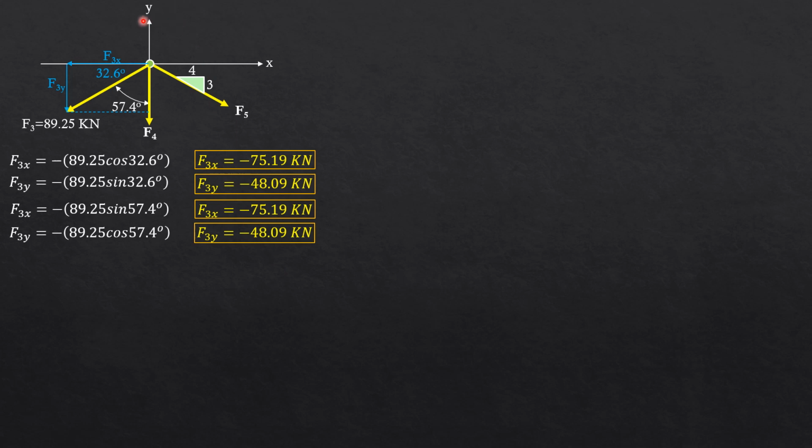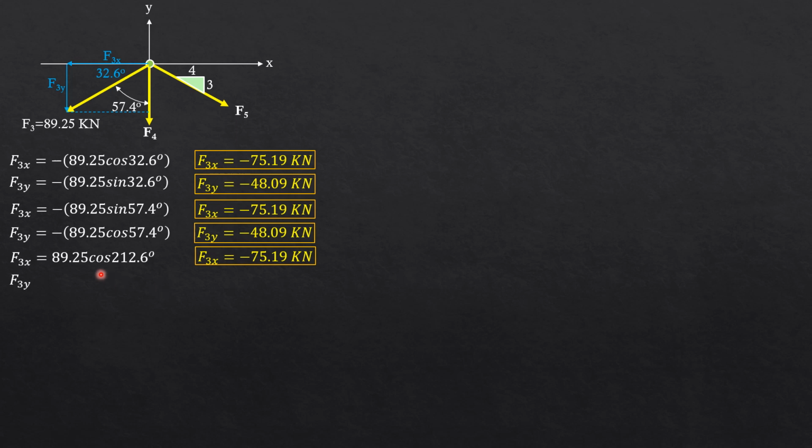Now, in terms of the positive angle, which is 180 plus 32.6, that's 212.6. So F3x is 89.25 cosine of 212.6 degrees. So it is equal to negative 75.19 kilonewtons.